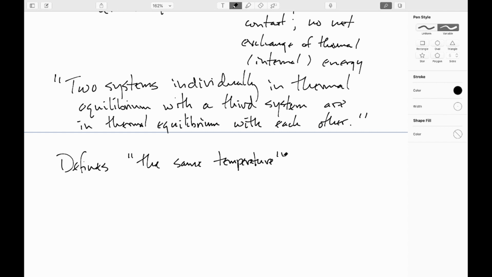So then what that means, to say they have the same temperatures, that means if I take the ice cube and I put it in the water, the ice cube's not going to melt. Any exchanges of thermal energy between the ice cube and the water will always be immediately balanced out with each other. There'll be no net exchange. So that defines the concept of having the same temperature, and that allows us to rigorously set up temperature scales.